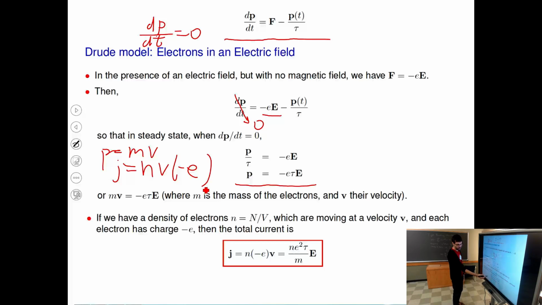This allows us to express this equation in terms of current density j. And so current density j is proportional to the electric field, just like momentum is proportional to the electric field. This is average momentum over all electrons. And there is this proportionality coefficient.